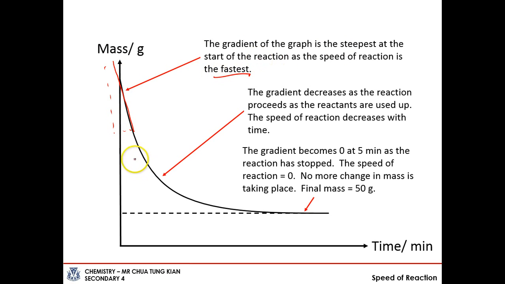As time progresses, the gradient becomes more and more gentle until it reaches 0. Why 0? Because there is no more reactants left. One or more of the reactants has been used up. No more gas is lost, so there's no more change in mass. So maybe let's say the final mass is 50 grams. Right?